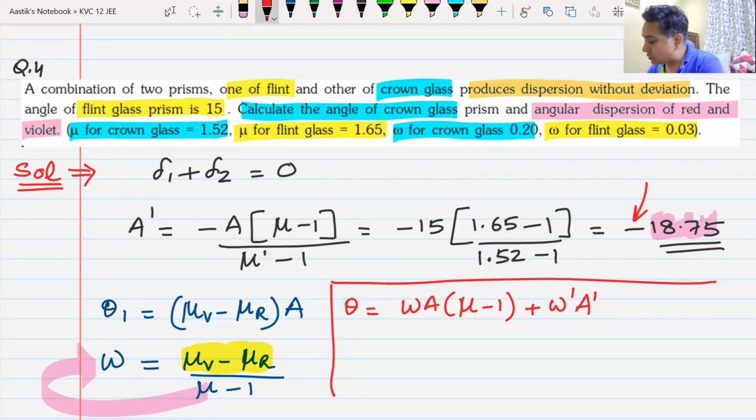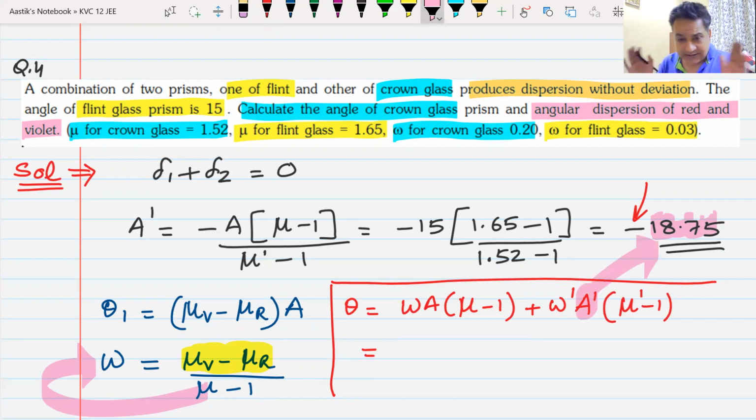Now you know everything that is required. Remember, A dash is negative, so these two quantities, instead of getting added, will get subtracted. Do we understand this? Yes, sir. Anyone understand this? Yes, sir. Can you tell me the answer, dear?